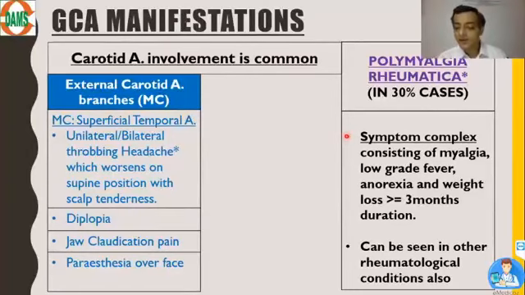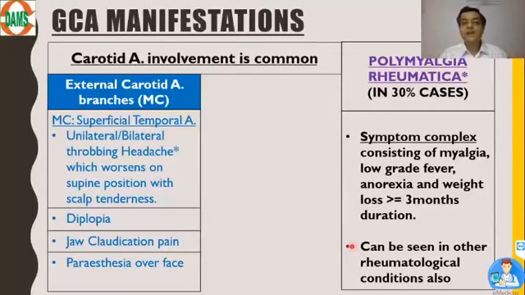So when a fever is present for more than 3 months, you must consider the patient as having the symptom complex polymyalgia rheumatica, which can be seen in other rheumatology diseases also.